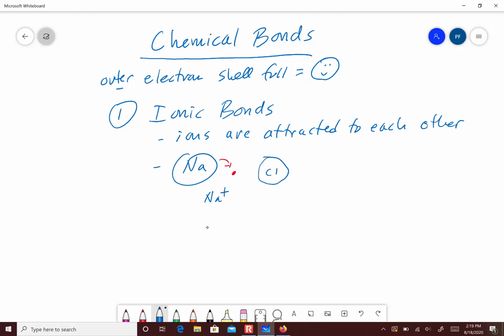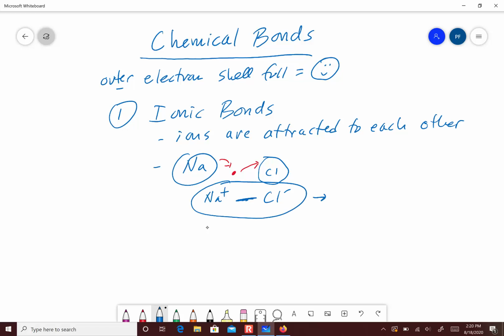So something like chlorine can take this electron and pick it up, which would make this a negative ion, Cl minus. Right? So one atom loses, a different atom gains. What loses is positive, what gains is negative, and then these two things have an attraction for each other.